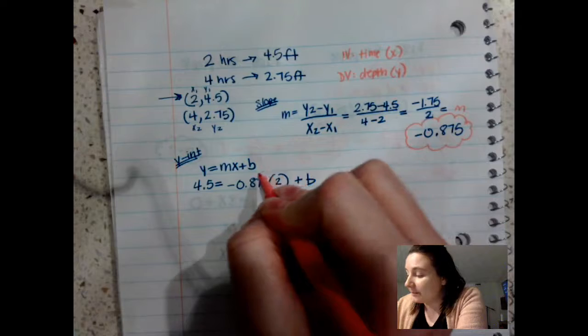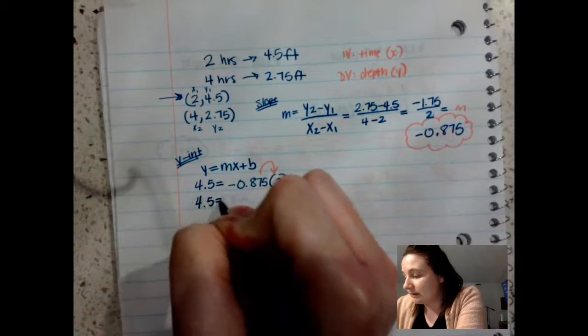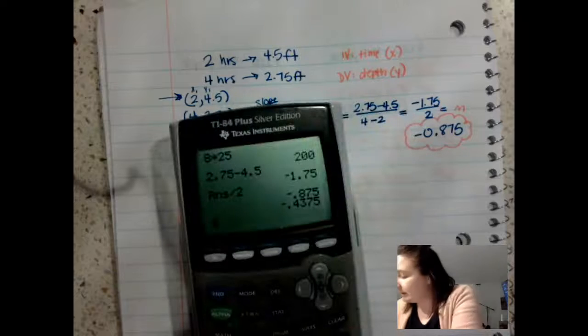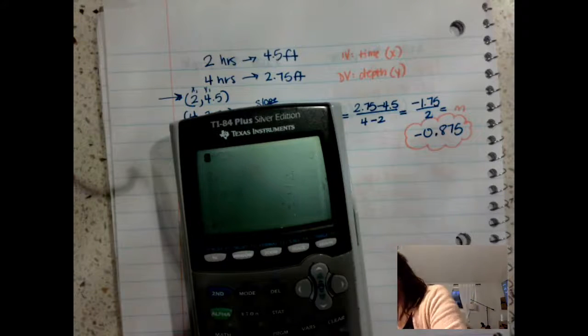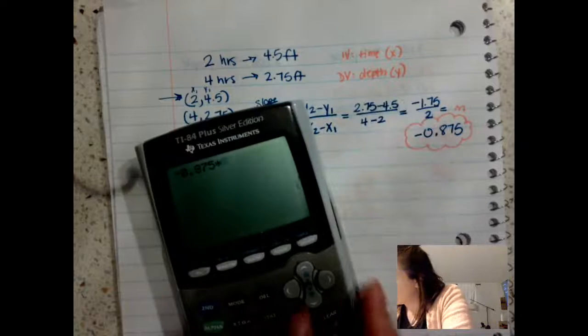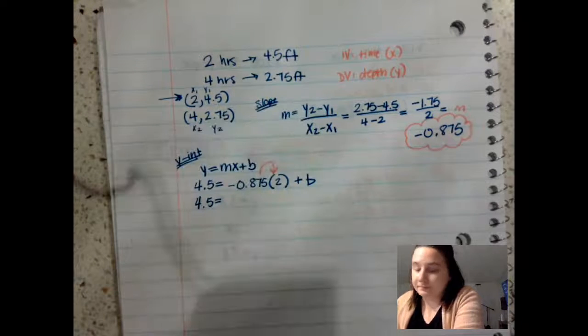As I'm simplifying, I'm going to multiply these two pieces. So I get negative 0.875 times 2 is negative 1.75.